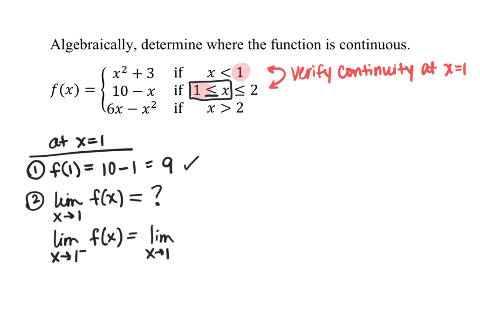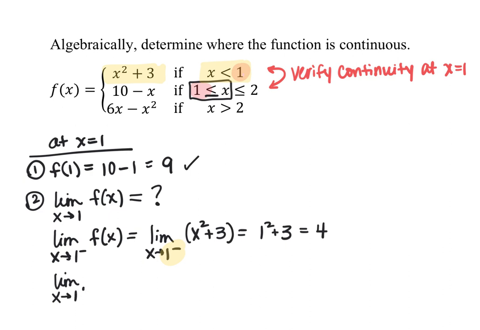Again, because we're on a piecewise function, if we're going to find the limit as x approaches 1 from the left, then we need to look at the x values smaller than 1. When x is smaller than 1, that means we are on the top piece, the x squared plus 3 piece. So we're really going to be computing the limit of x squared plus 3 as x approaches 1 from the left. Doing direct substitution will give us a value of 4. So the left-hand limit is equal to 4.